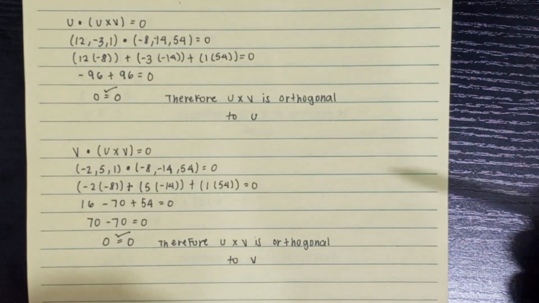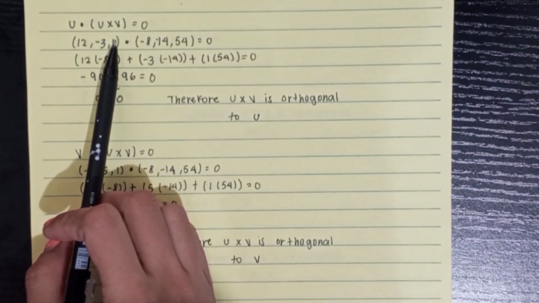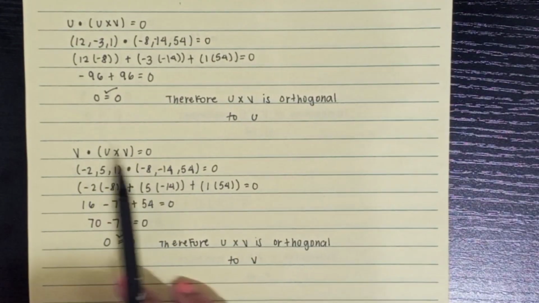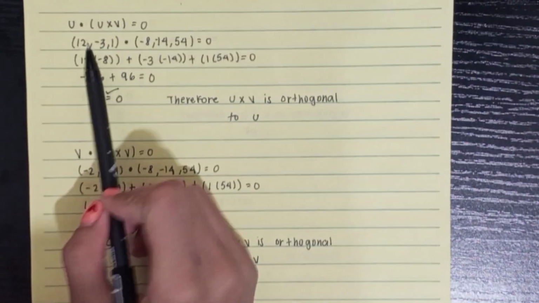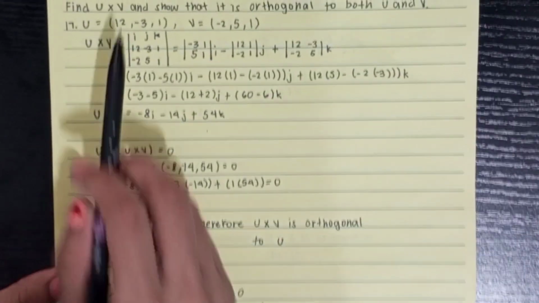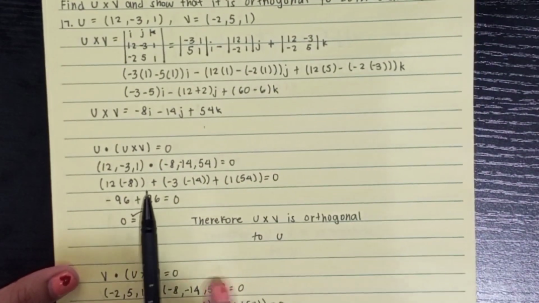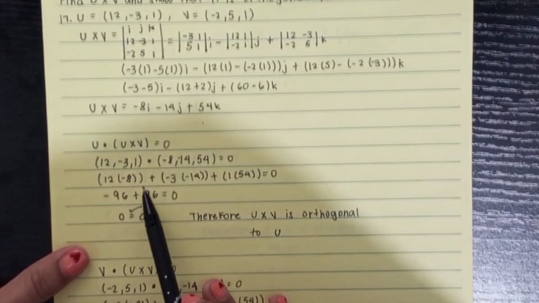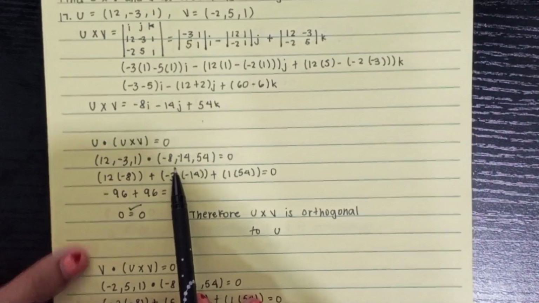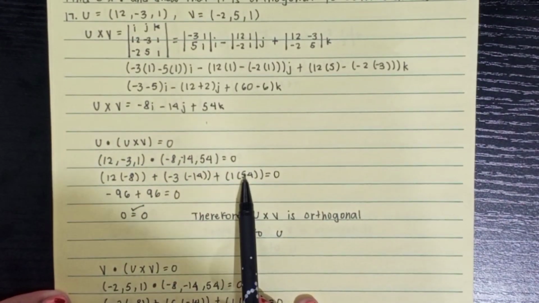So, using the dot product, yung component ng U ay ipa-plug in na natin. Kung kita nyo, ang U natin is 12, -3, and 1. That multiplied by the component of U cross V, which is -8, -14, and 54, and equals to 0.